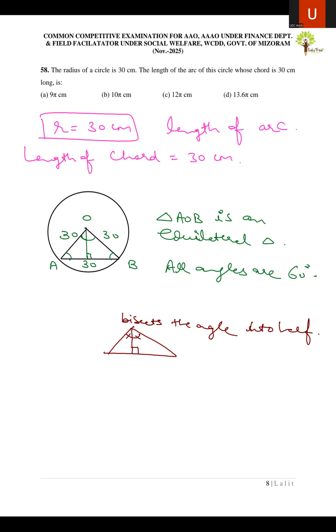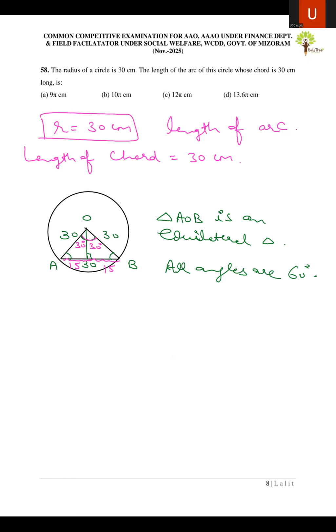Now the perpendicular also bisects the line. That is, perpendicular is falling on this line, so it will bisect this line also. This is the midpoint, so the perpendicular divides the line into two equal halves. So this will be equal to 15 and this will be equal to 15. And if this complete angle is 60, this is 30 degree and this is also 30 degree. So I can simply apply the formula of sine here.